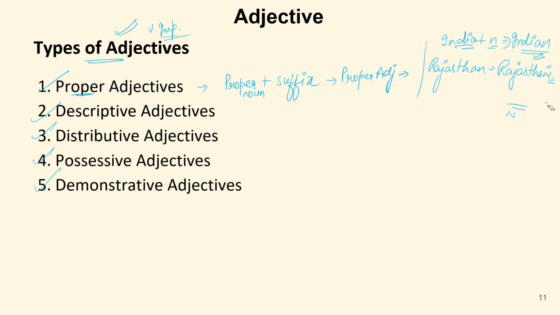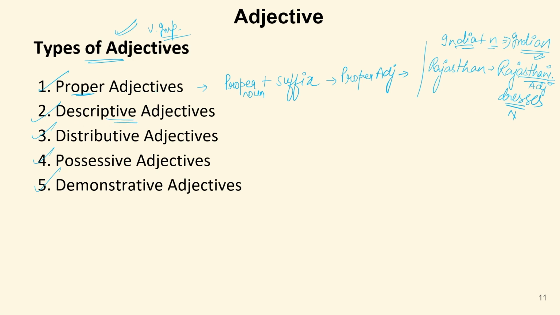Or if I say Rajasthani dresses, dresses are a noun, whereas Rajasthani is an adjective qualifying these dresses, telling us about these dresses. So Rajasthani is a proper adjective.